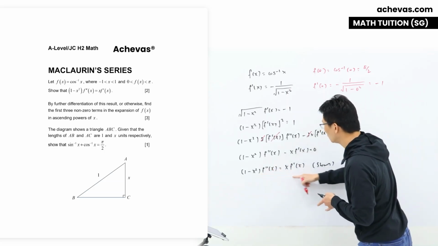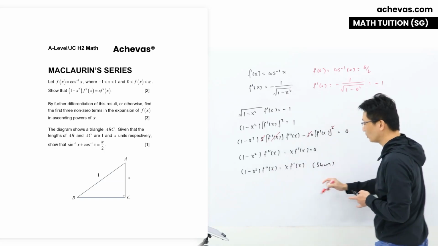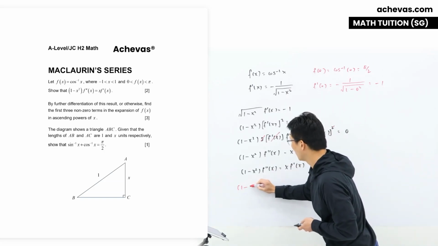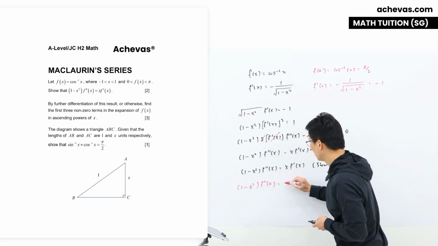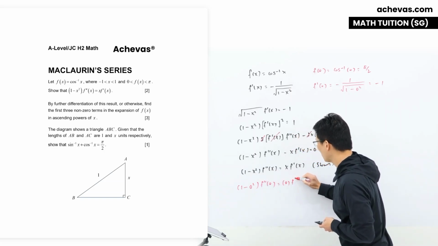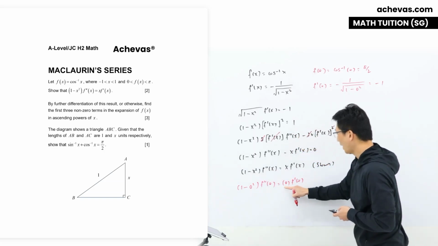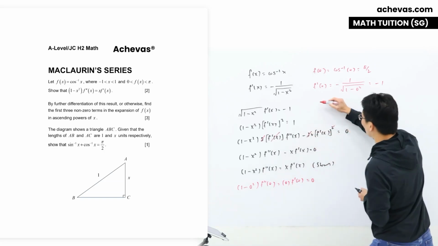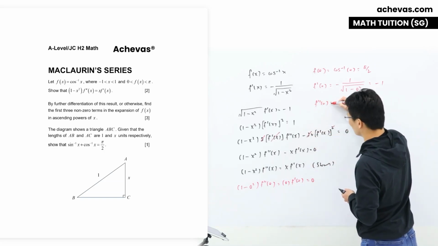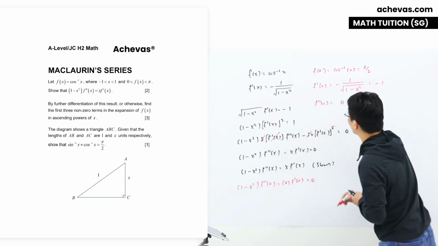Subbing x equal to 0 throughout this entire expression, I will have (1 minus 0 squared) f double prime 0 equal to 0 multiplied by f prime 0. And this happened to become a 0. And I will get my f double prime 0 to be 0.